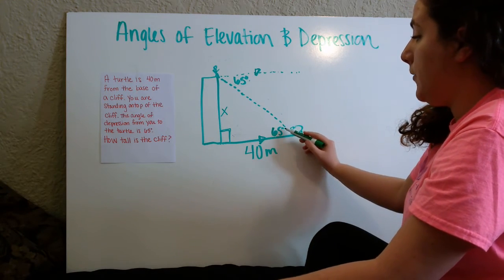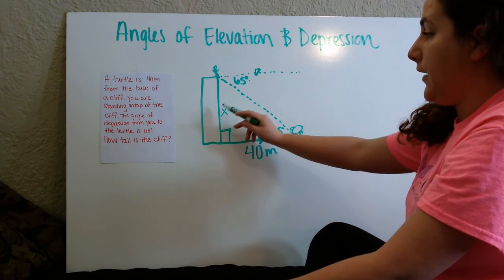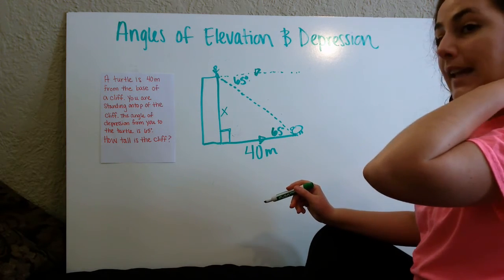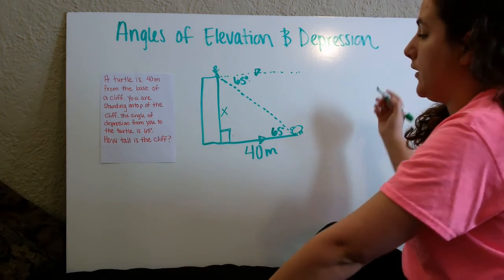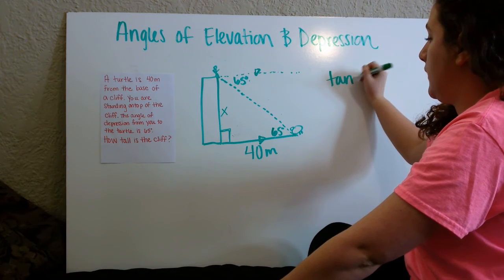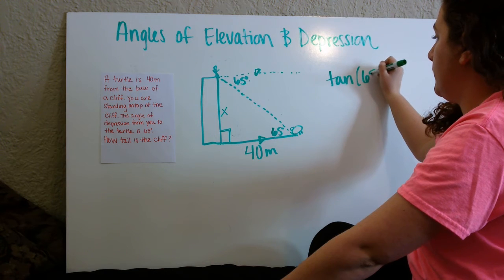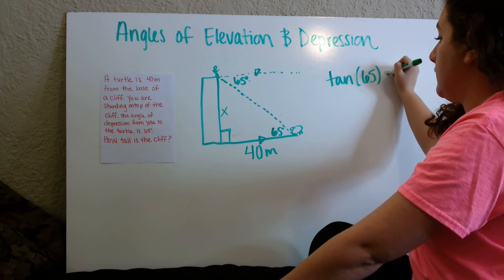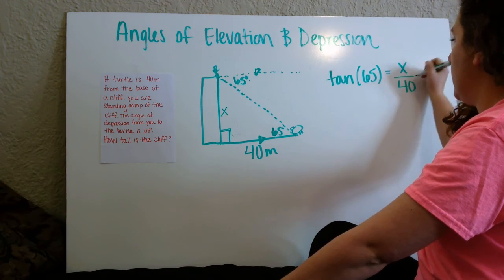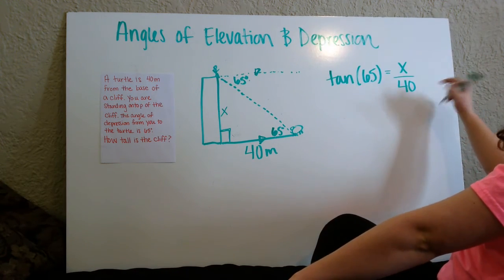So now we can see our angle. We have our side opposite and our side adjacent. So we're going to use the tangent to figure out how tall this cliff is. So the tangent of 65 is equal to x over 40. Opposite over adjacent.